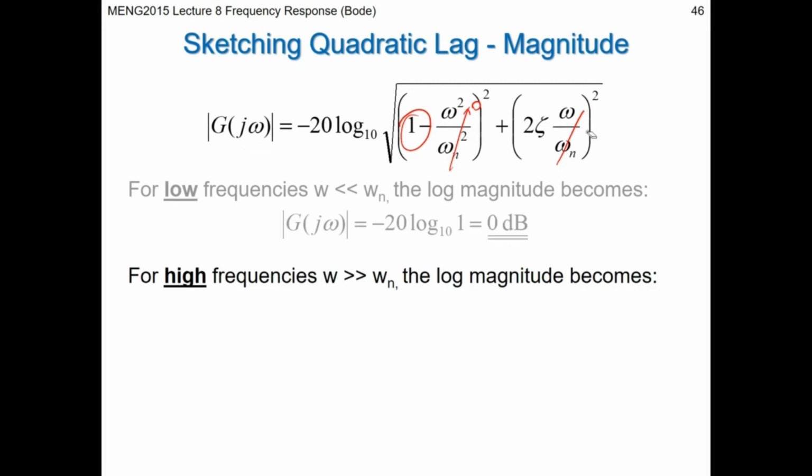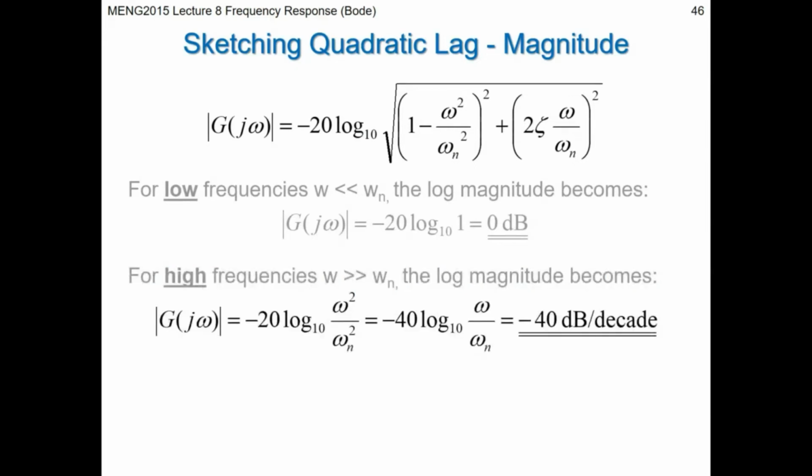But if we do the converse and ask about high frequencies, when you've got a very big omega, it makes omega n less relevant compared to the size of omega. What we could also say is that this term here, because this is omega over omega n, is omega squared over omega n squared.